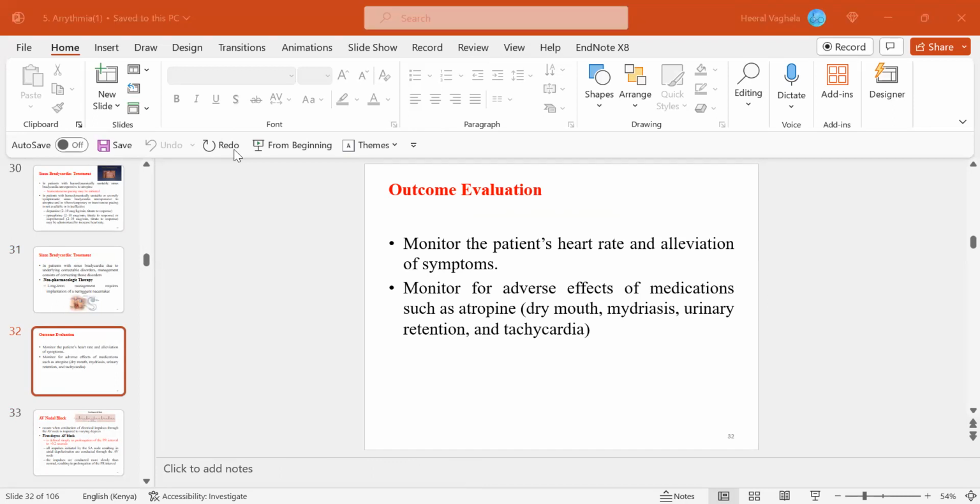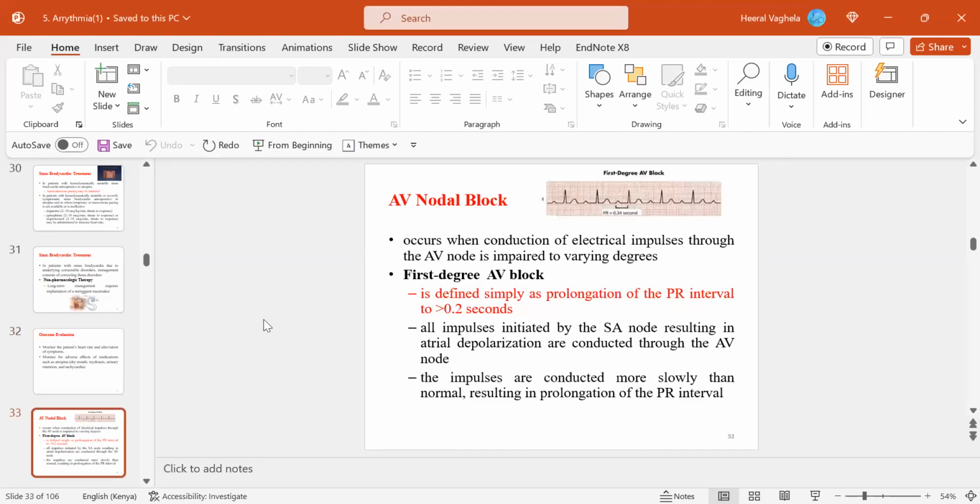Okay. Then the next one would be the AV nodal block, where it's classified with first degree, second degree, and third degree. So in the previous one we saw it was the SA node, but in AV nodal block there is no conduction or impulses after the AV node.